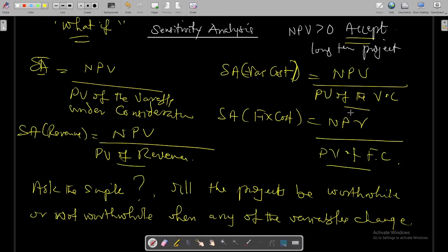Now let's use one example, the PV example that we solved and the SC example that we solved. Let's look at the sensitivity analysis of the PV example that we solved. We are going to do the sensitivity analysis of the sales revenue.